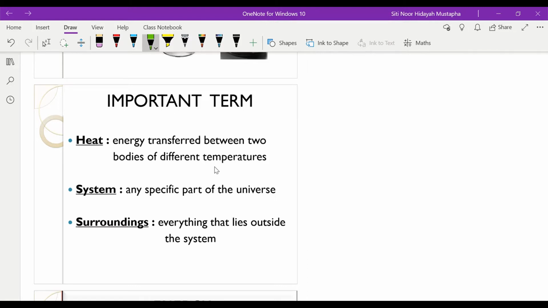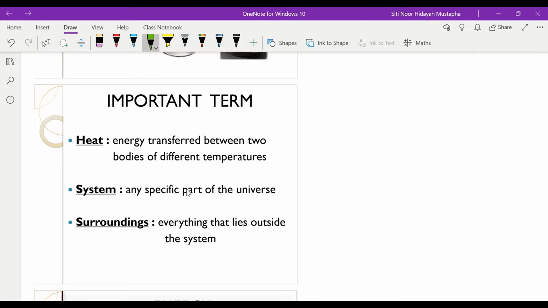You have to really understand that heat is different from temperature. Heat is a type of energy that is transferred between two bodies when they have different temperatures. That is heat.